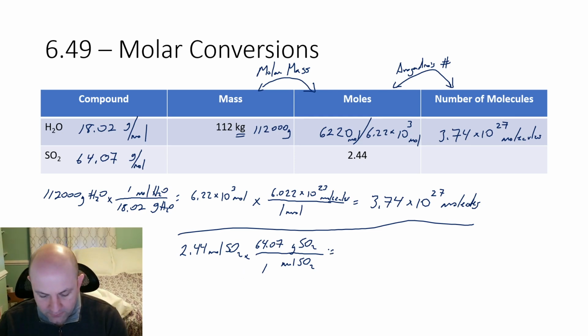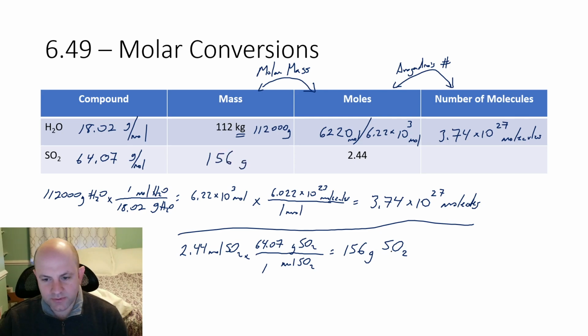So just 2.44 times 64.07. That will give us 156.33, but with 3 sig figs, 156 grams of SO2. So I can write that in, 156 grams.